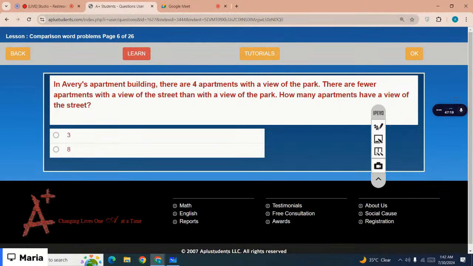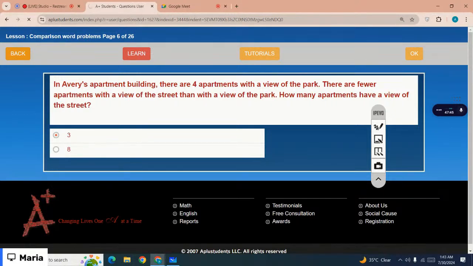So here you have four apartments with a view of the park. That means the ones with a view of the street are fewer. So it must be three. The correct option is three. Okay, you can complete the lesson by yourself later today.